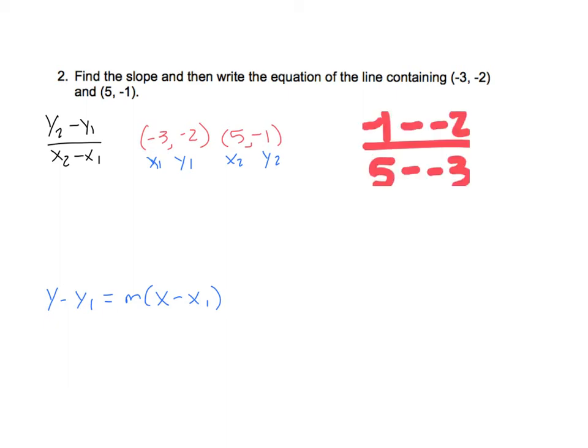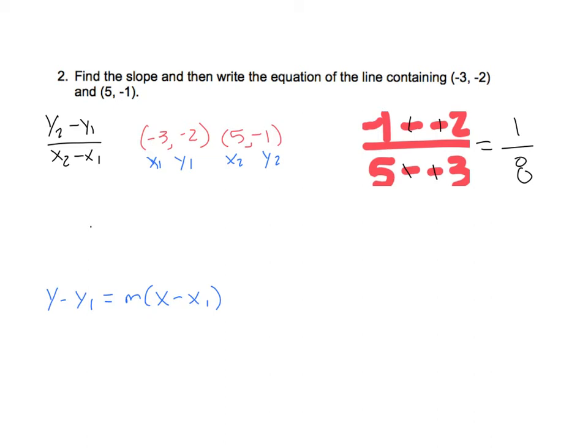Notice order does matter, so that's why it's very important that I label it, so that way I don't mess it up when I put it into this formula. Okay, so double negatives make positives, so negative 1 plus a positive 2 gives me positive 1. Again, double negatives make positives, so 5 plus a positive 3 is 8. 1 over 8, can't reduce it, so that's our slope.